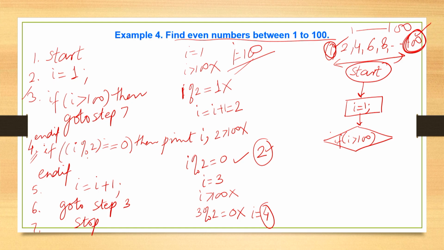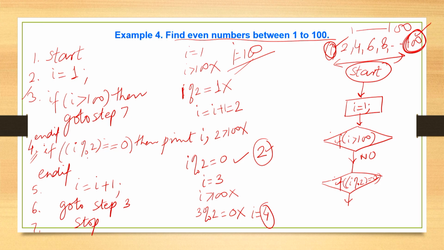It may be greater or it may not be. If it is not, then it moves to no, to the next. Next is step number 4. Again you have to check what is the condition: if I modulo 2 is equal to 0 or not.